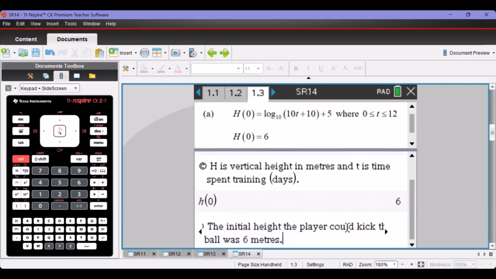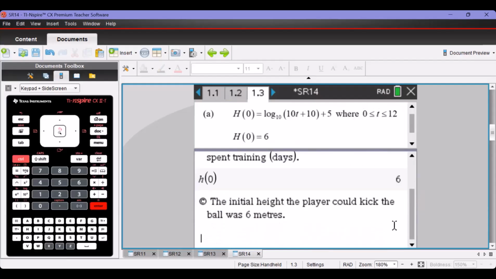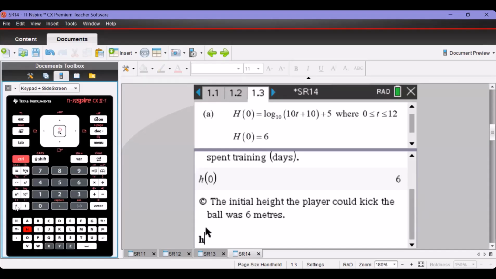So we come down to a new entry line and we begin by saying, okay, let's enter h of t. Now go to the right with the navigation pad. The assign command is accessed by pressing, you can see the symbol for it is colon equals in red there.